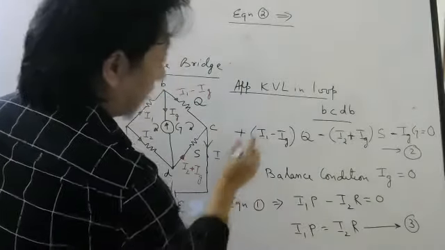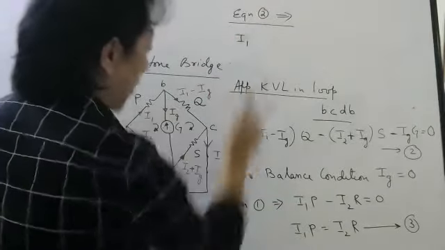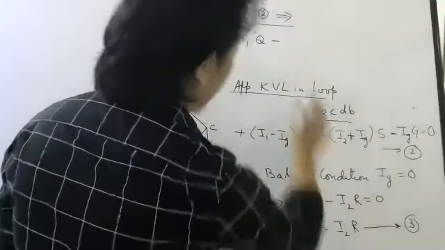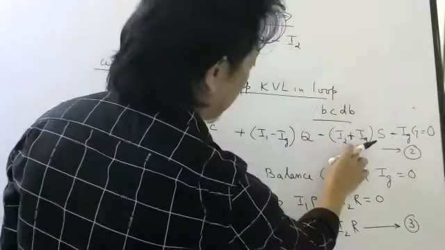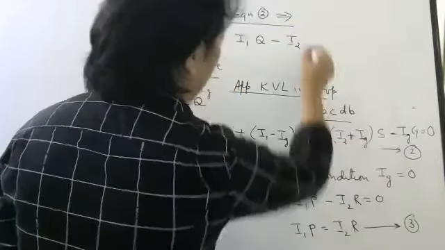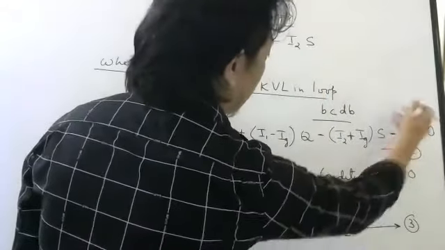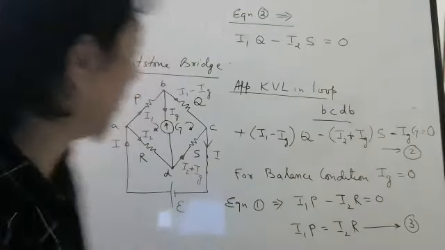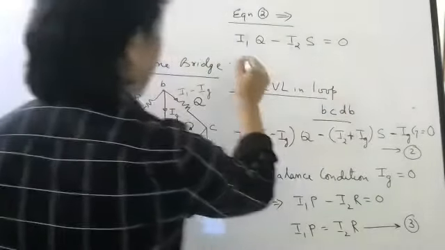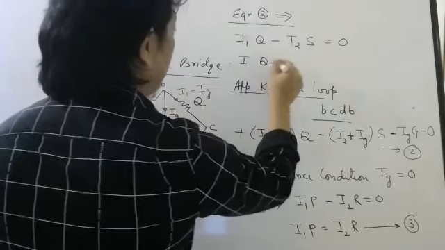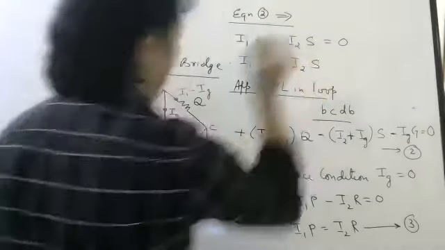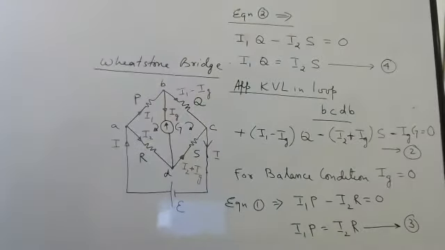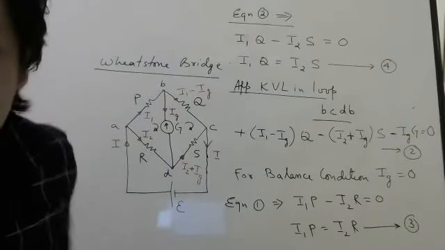It will be plus I1 into Q, minus I2 plus 0, I2 into S. Ig is 0, so this is out, equal to 0. Similar to this equation you get. Then take this one that side. I1Q should be equal to I2S. This is your equation 4.